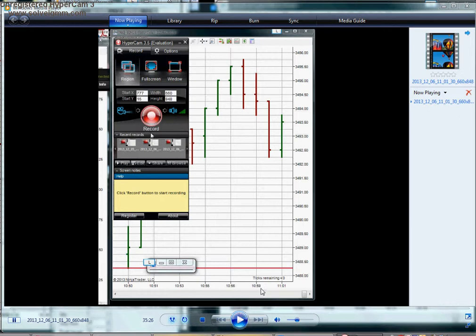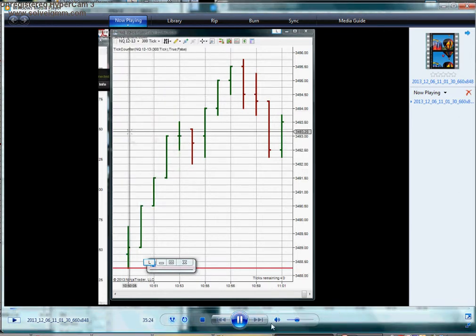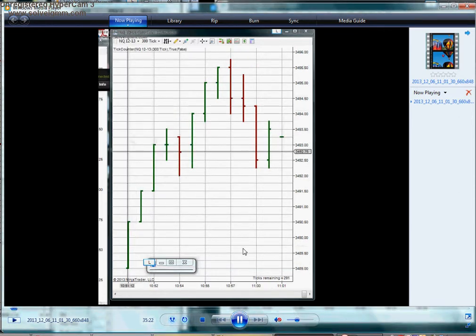So I got to work right before 11 o'clock, started up my system, and this is what I saw: a trade set up, so I prepared to get in it as soon as I got to work.